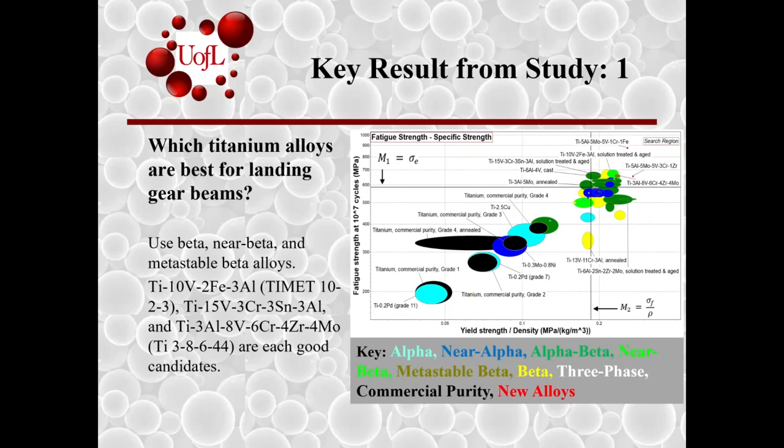The best three candidates using materials from the database are a beta alloy, a metastable beta alloy, and a near beta alloy. One of them is Timet N23, and another is titanium 38644. Those would be good candidates since they have high specific strength, which is yield strength over density, and they also have a high fatigue strength.